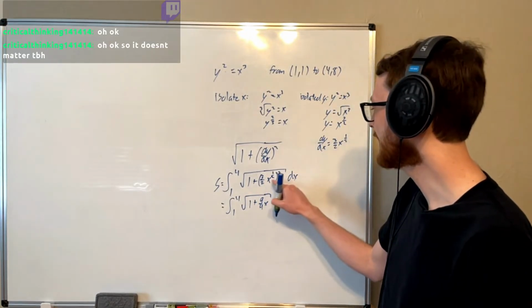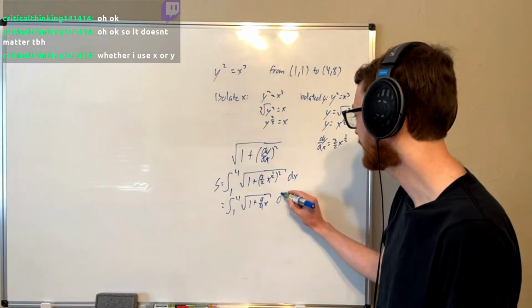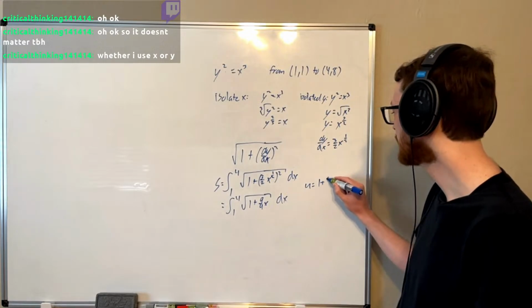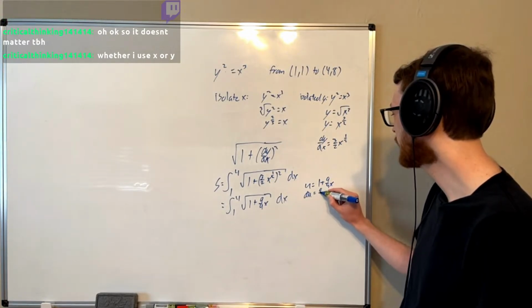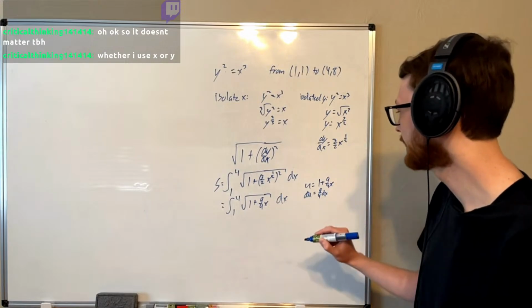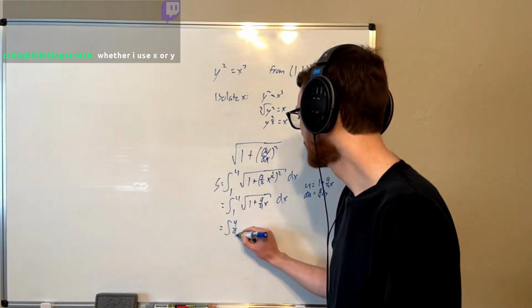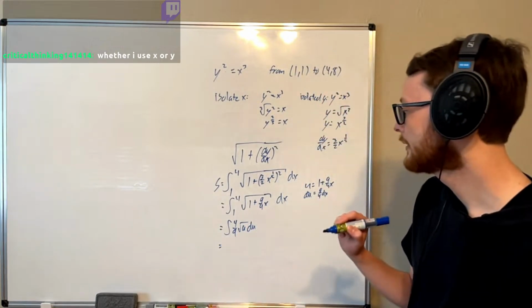So when you square that, the 3 over 2 gets squared, the x to the 1/2 gets squared, and you get 9 over 4x dx. That's just a u sub. 1 plus 9 over 4x, du is 9 over 4 dx. Root u du.